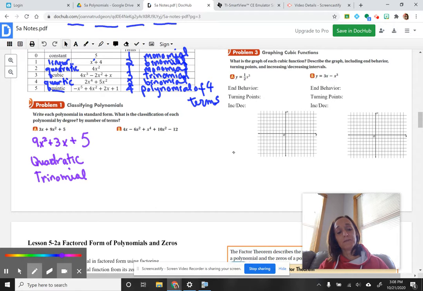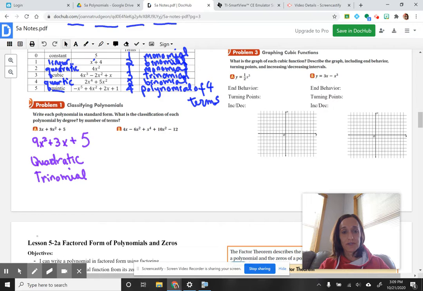The second one here, wow, lots of terms. Now I'm going to have to organize things. My highest degree is x to the 4th. It looks like there's 2 x squared terms, so I'm just going to combine like terms. That's going to be plus 4x squared. And then I've got an x term, plus 4x minus 12.